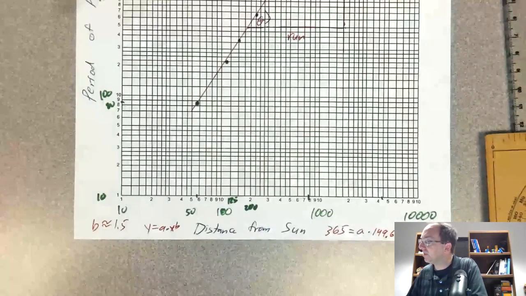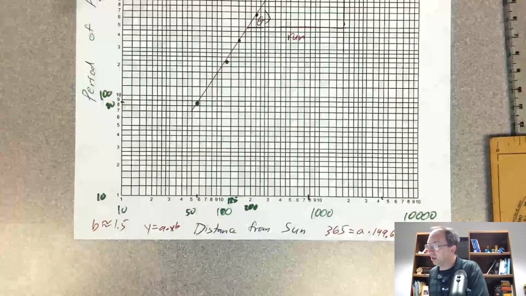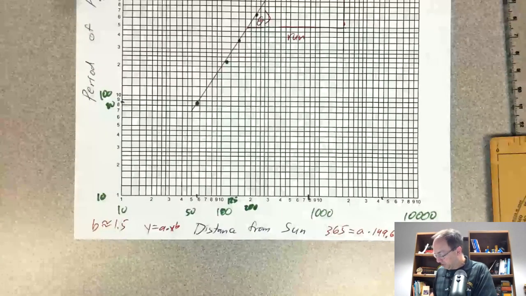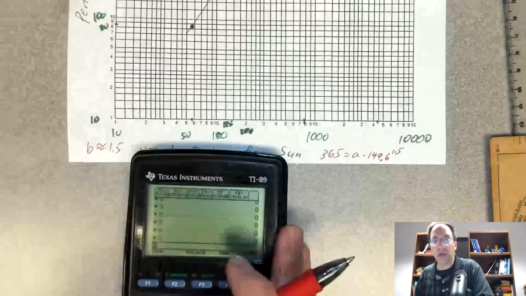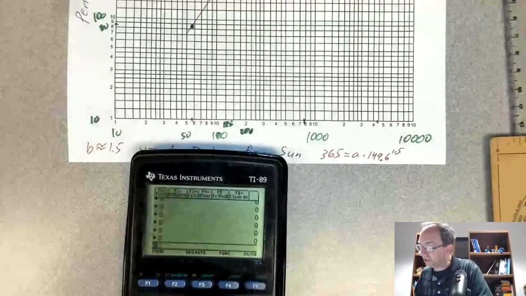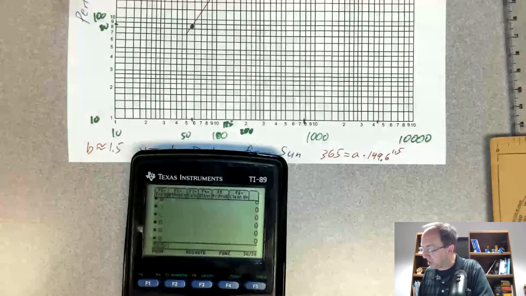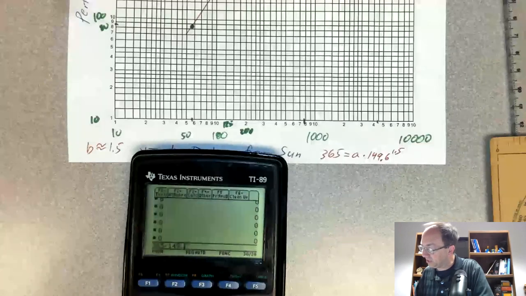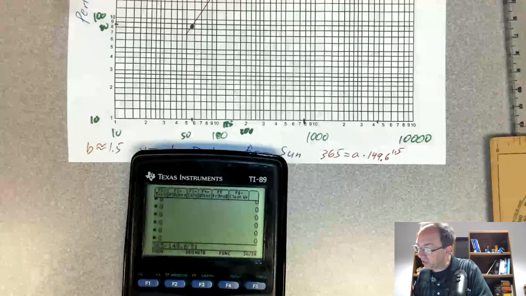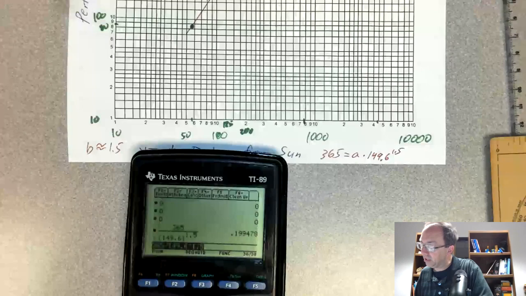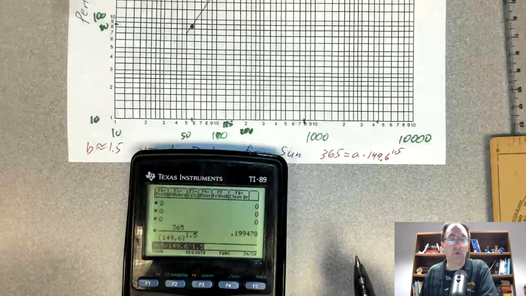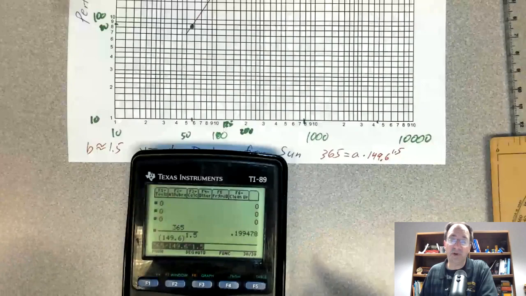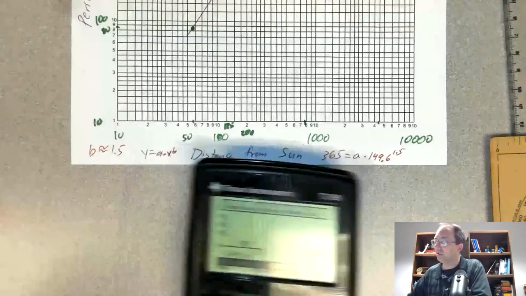So I need to solve that for A. So we'll just use our calculator here to do that calculation for us. So 365 divided by 149.6 to the 1.5. And the good news is that we get about 0.2. 0.199, which is very similar to what we had before.